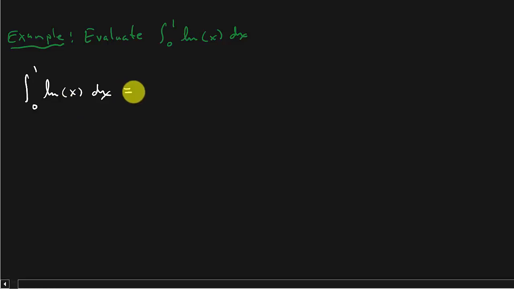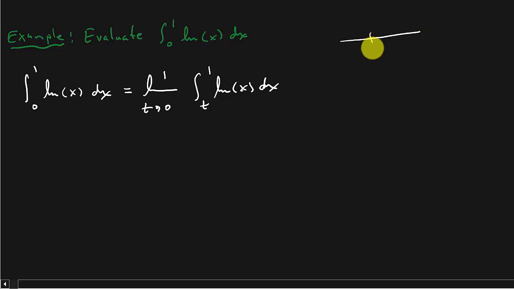So this is going to be equal to the limit as t goes to 0 of the integral from t to 1 of natural log x dx. Now, we're approaching 0 from which side? Like I said, just come up here and draw it if you need to. So we're coming in from the right-hand side.